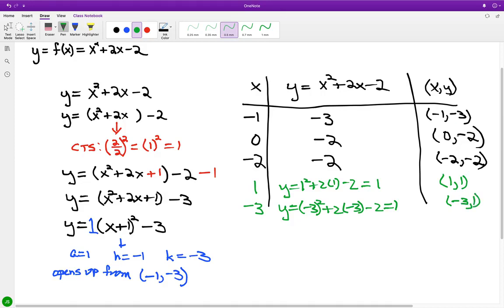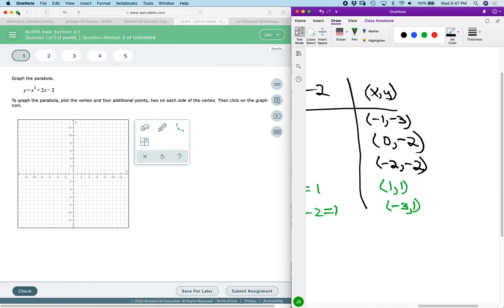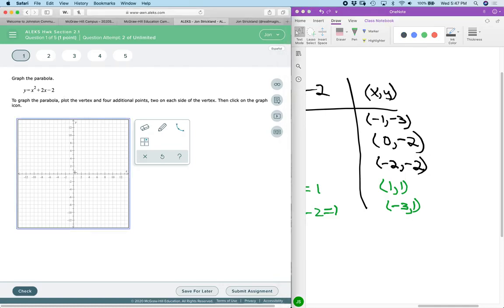So we have the vertex, and we have our additional points. And if we apply that to the graph, we got negative 1, negative 3, we have 0, negative 2, and negative 2, negative 2. Then we got 1, 1.